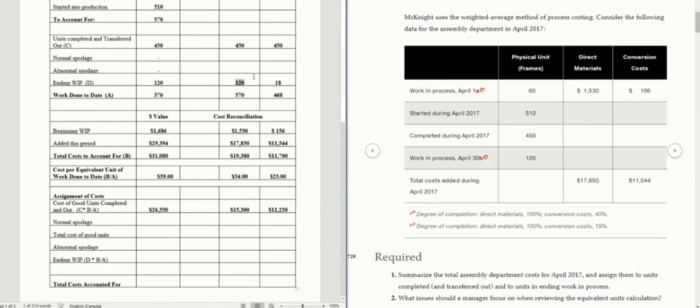So what's for direct materials? I've got 120 equivalent units at $34 each. So 120 times 34, 4,080.